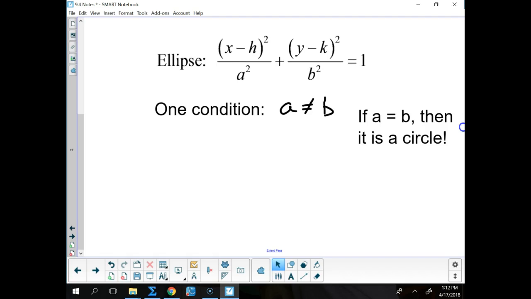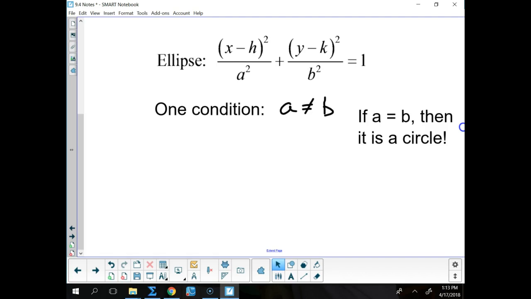First thing is that it is always equal to 1. Second thing is that A cannot equal B, because if they are equal, then we have a circle, and we go back to all of those circle formulas that we had last week, which weren't that many.